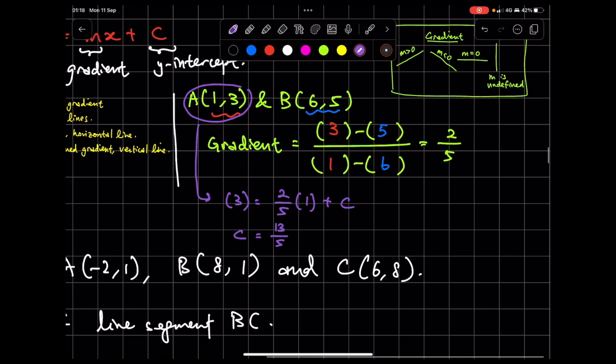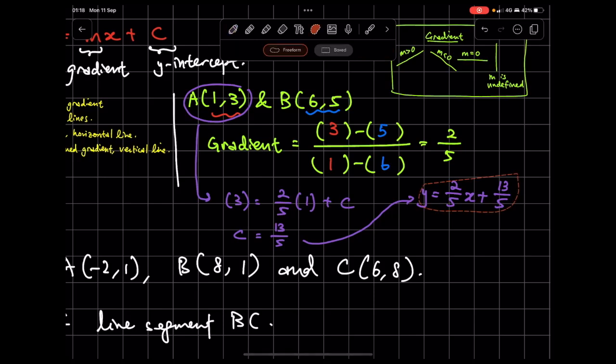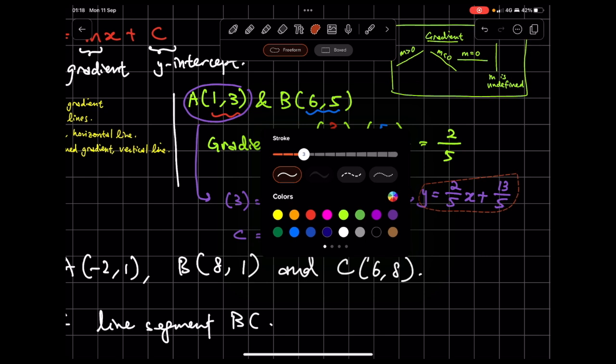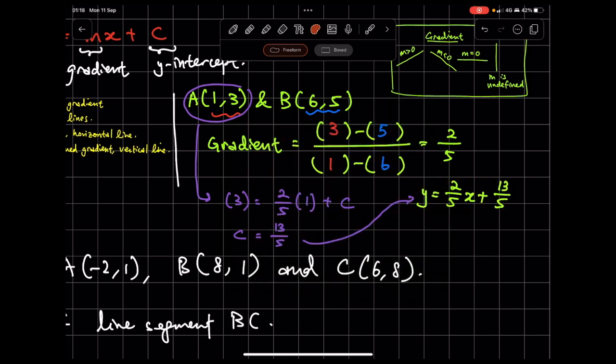Now I put it back into y equals mx plus c, where m is 2 over 5, x plus c, and c is 13 over 5. Technically, this is correct already, right? But what can I do to make it nicer? Let me change this to green. Maybe I don't like to see too many fractions.